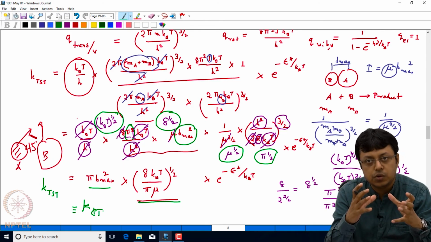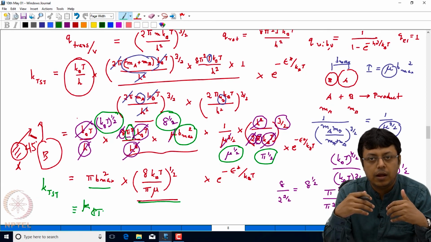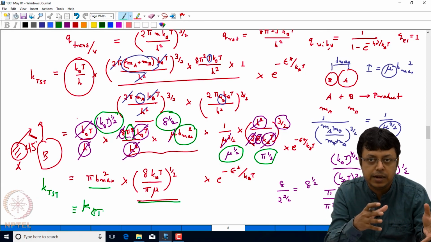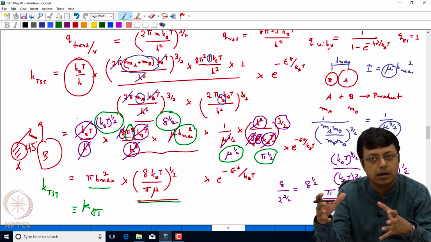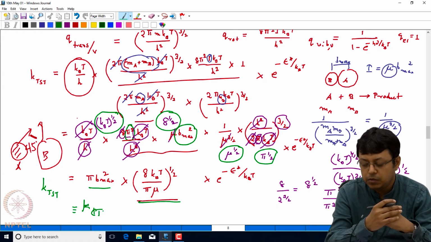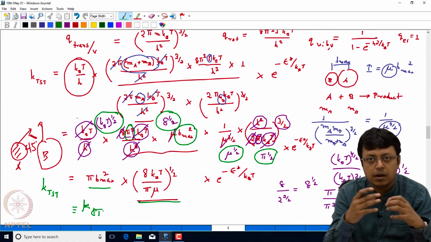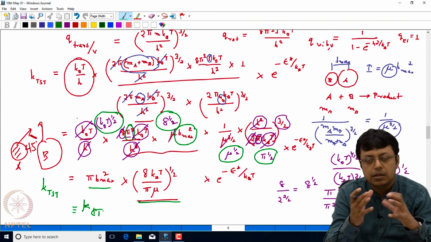So this basically shows the equivalence of the two methods. Although at first look, the collision theory rate expression and the transition state theory rate expression look very different, we see that for structureless atoms and molecules and the bimolecular reaction between them, these two are very much equivalent.